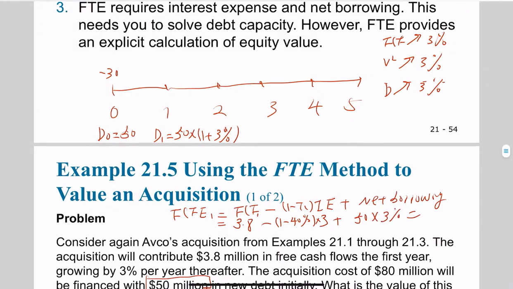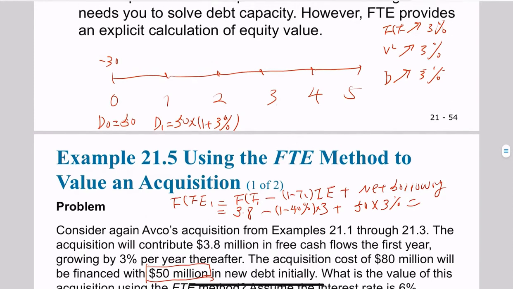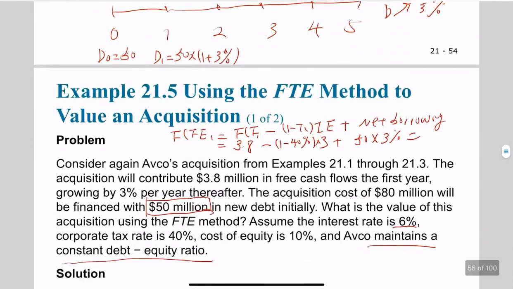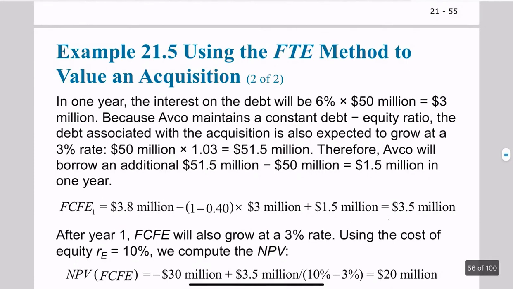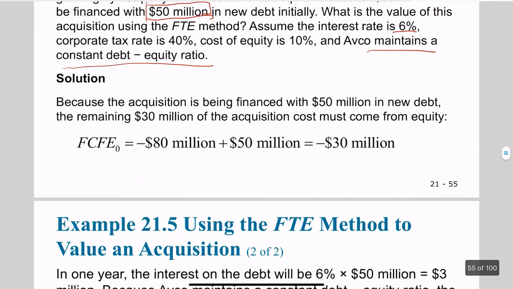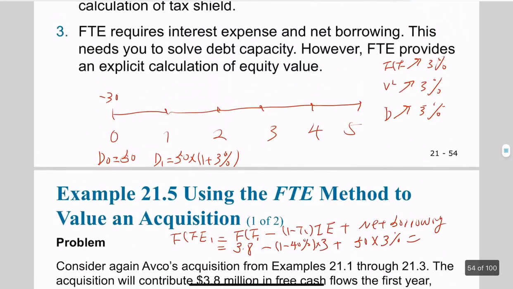So now we can have the FCFE on date 1. This should be 3.5, right? So it's 3.5. Now, what is the free cash flow to equity holders at date 2?